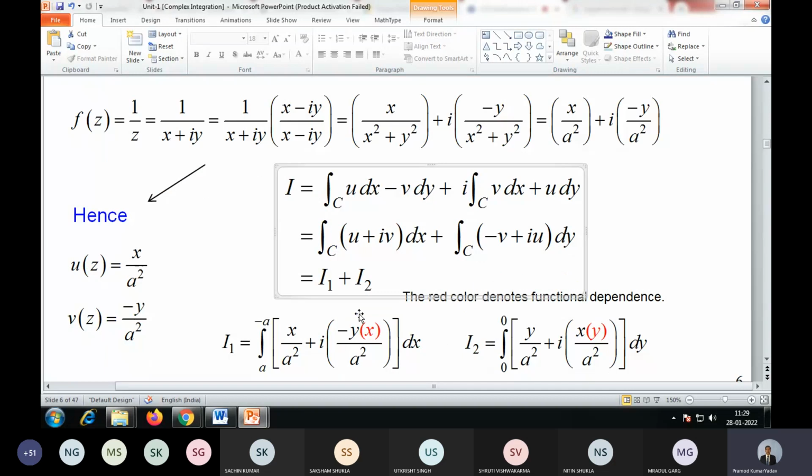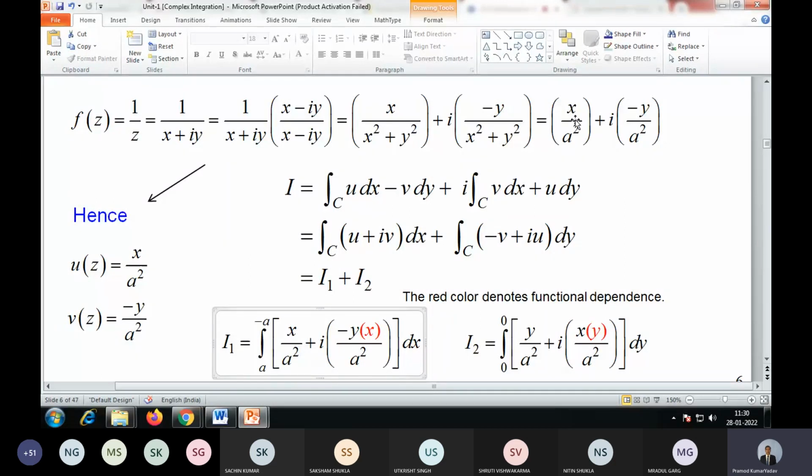So what we are going to do, the value of u is known, x by a square, and the value of v is minus y by a square. y is a function of x, so dx. And similarly I2 means it is the dy, so we need to reduce all in terms of y.